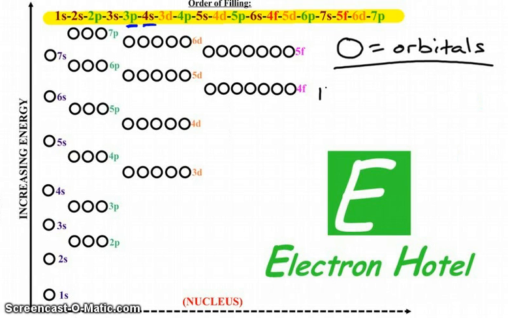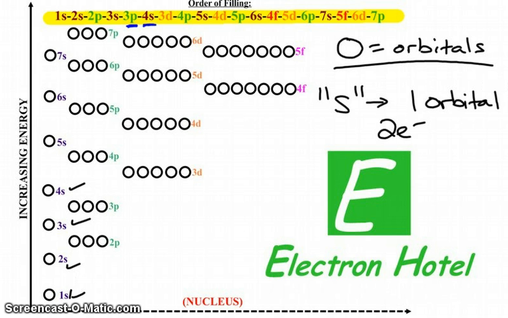Now next up, for every s sublevel, you will notice going up the side 1s, 2s, 3s, 4s, etc. Every s sublevel has one orbital. So what that means is every s sublevel can have 2 electrons maximum in it, because that is our occupancy per orbital, 2 electrons per orbital.